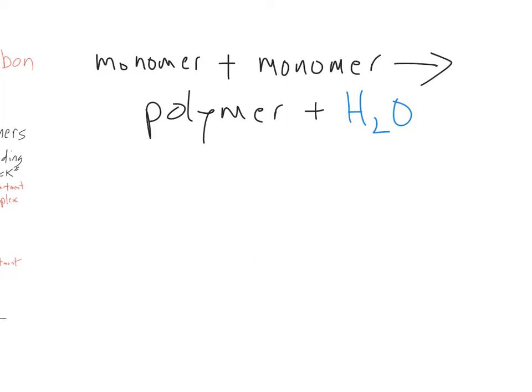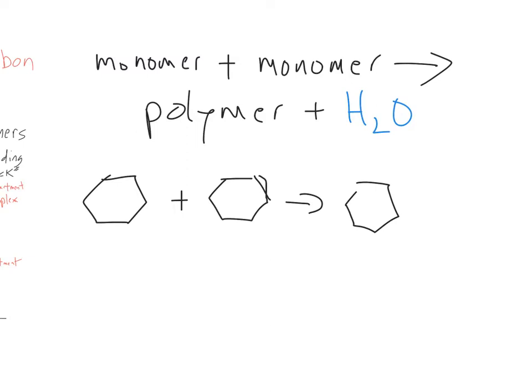So what happens is, let me draw it out real quick. Say I've got a monosaccharide plus another monosaccharide is going to yield, okay, but what happens is when this bond right here forms, yes, a molecule of water is going to come out.